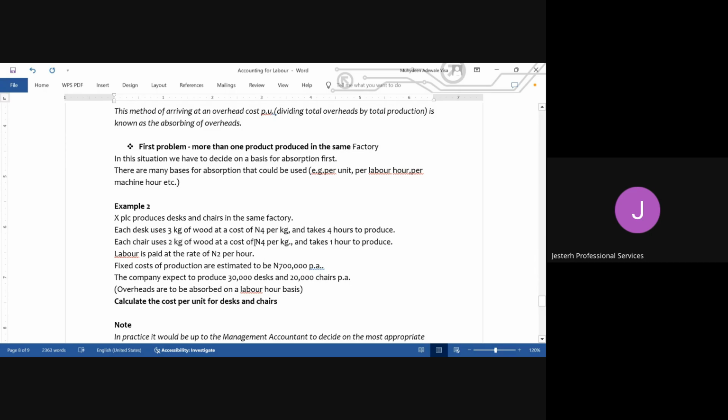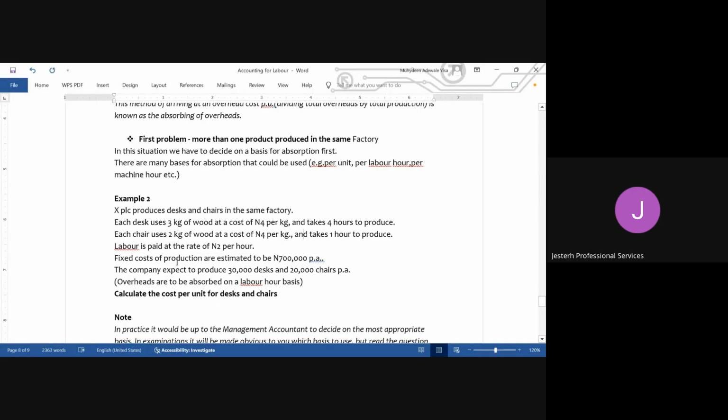They are still going to use the same wood, so the price is the same value. And it takes 1 hour to produce. You can see that to produce a chair, the time is less than for the desk. It takes 1 hour to produce 1 chair, and the labor is paid at the rate of 2 naira. Fixed cost of production is estimated to be that same 700,000.